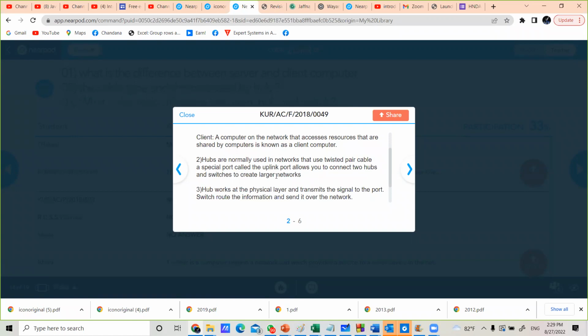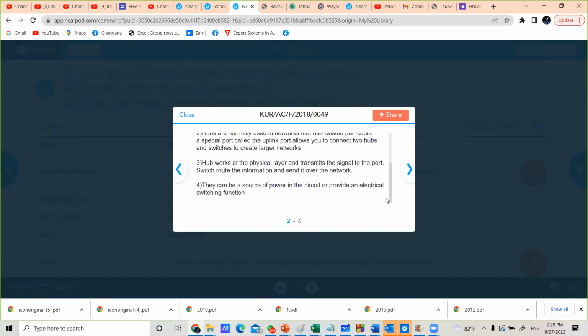We are given a specific name for this type of port. It should be RJ45. Right? Number 3: a hub works at the physical layer and transmits the signal to the ports; a switch routes the information.